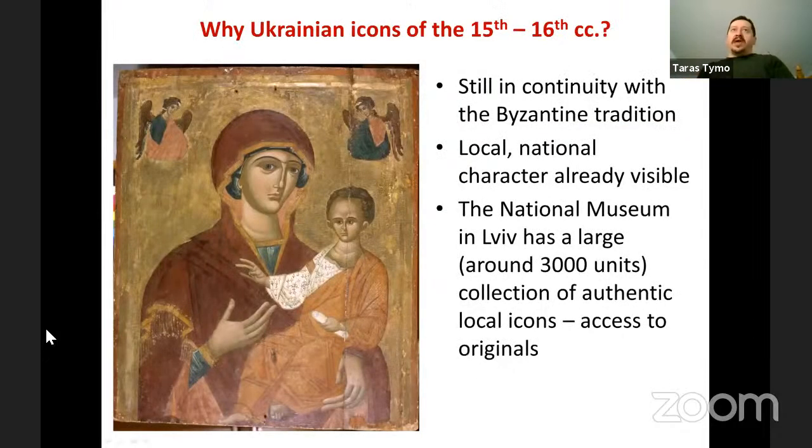Why do we study Ukrainian icons of particularly the 15th, 16th centuries? Because these are the earliest examples of Ukrainian iconography that survive, and they are important because they still keep continuity with the Byzantine tradition. They are Byzantine icons in the full sense of that word, but also they already have a very clear, distinct local flavor, a certain kind of proto-national iconographic identity.